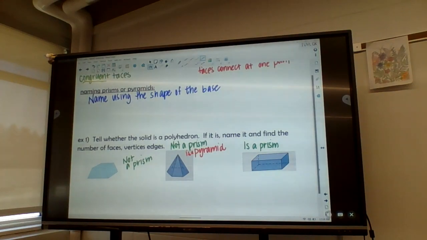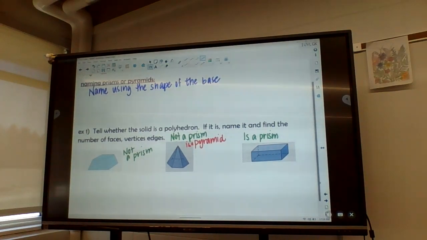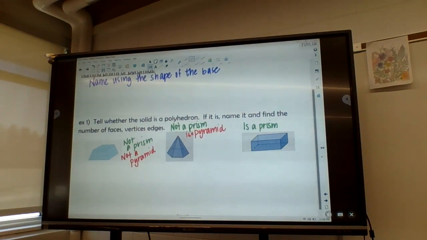So I'll show you guys down here. Since the first one's not a prism and it's not a pyramid, I can't name it this way. So this would just be a polyhedra.